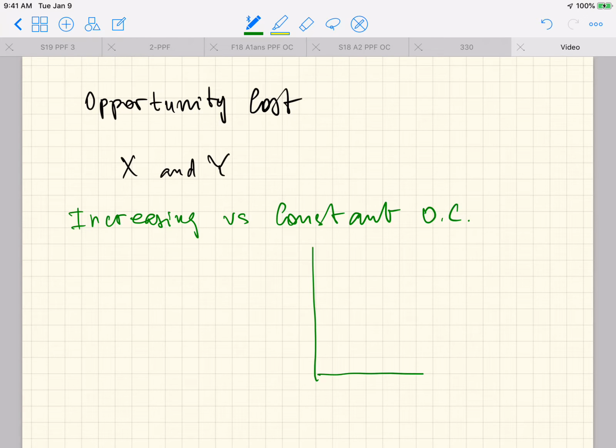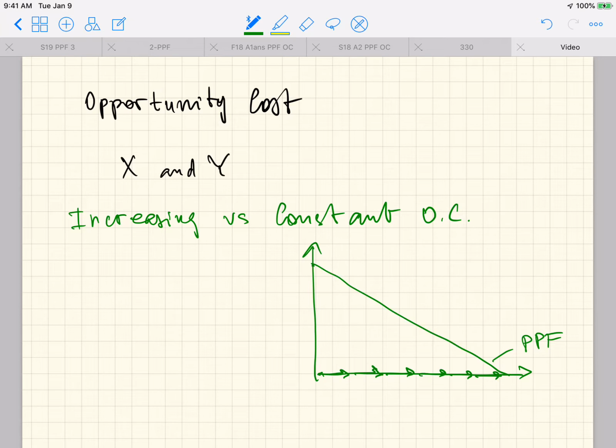Well, graphically, when you have a constant opportunity cost situation, you have the straight line, which basically means that as you keep increasing your output of good X, you always sacrifice the same amount of good Y. So it's not like the opportunity cost is zero. No, it could be anything, and it's determined by slope of your PPF.